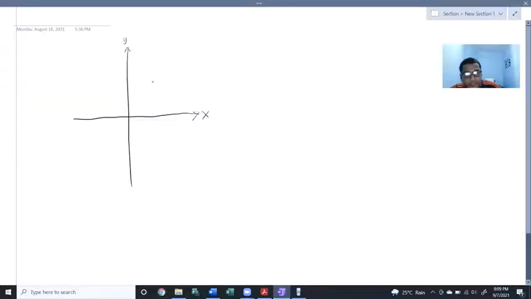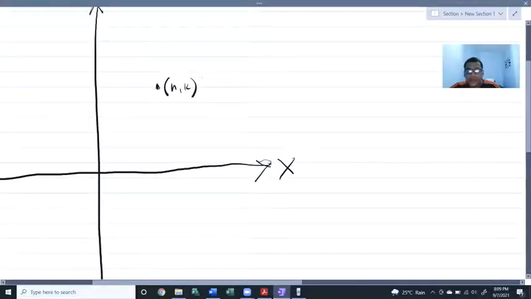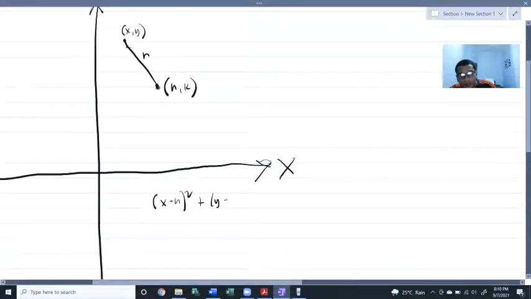We have a fixed point here, let's call this (h, k), and we need to find the equation of a locus of a point that has a fixed distance from this point, with a distance of, let's say, r. So let's say we have here a point (x, y), and the distance between these two points is r. So by distance formula, (x - h)² + (y - k)² = r².